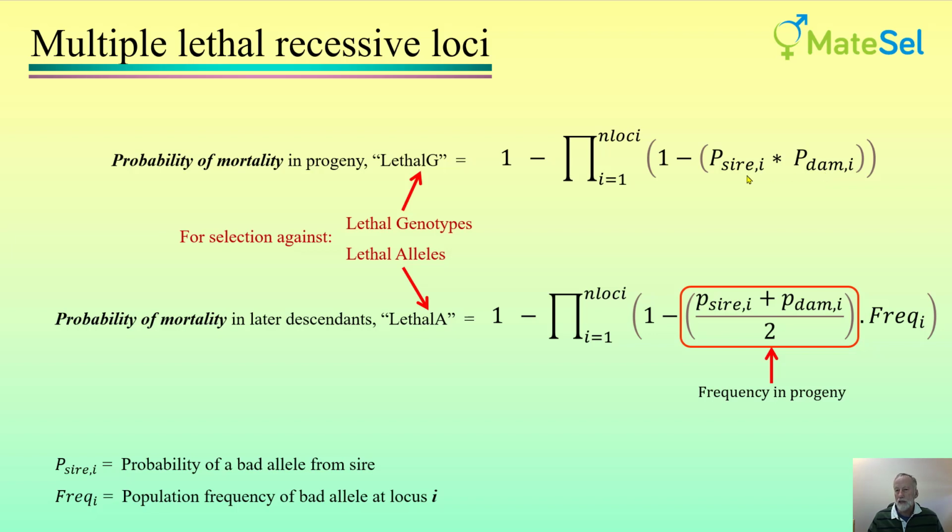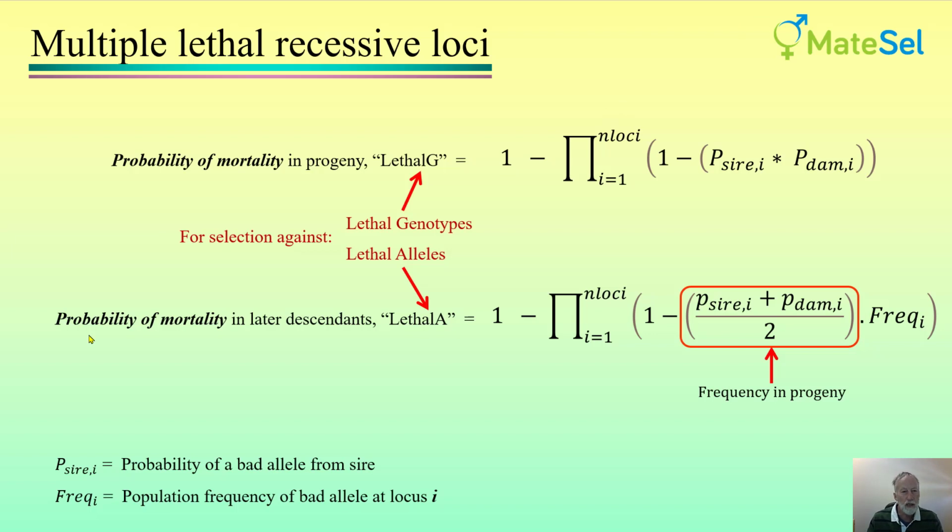So if we have certainty that the bad allele has been transmitted from sire and dam, that's probability 1 times 1 equals 1. Then here we have 1 minus 1 is 0, and you're dead, because your survival is 0 and your mortality is 100%. And because this is a product rather than a summation, one element of 0 is enough to set the whole construct to 0 for survival or 1 for mortality.